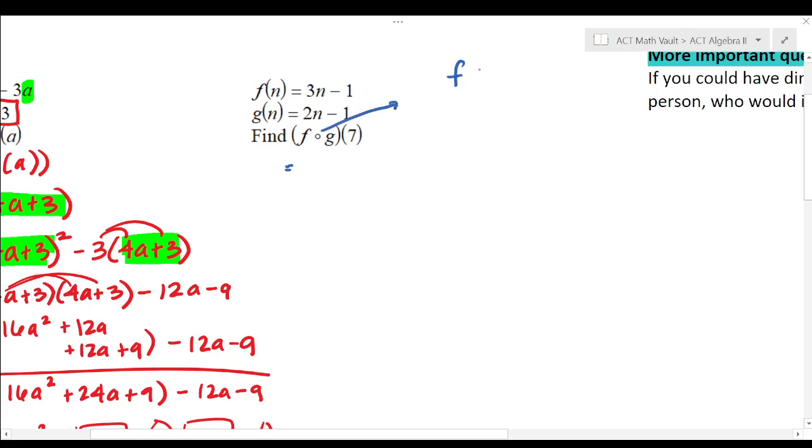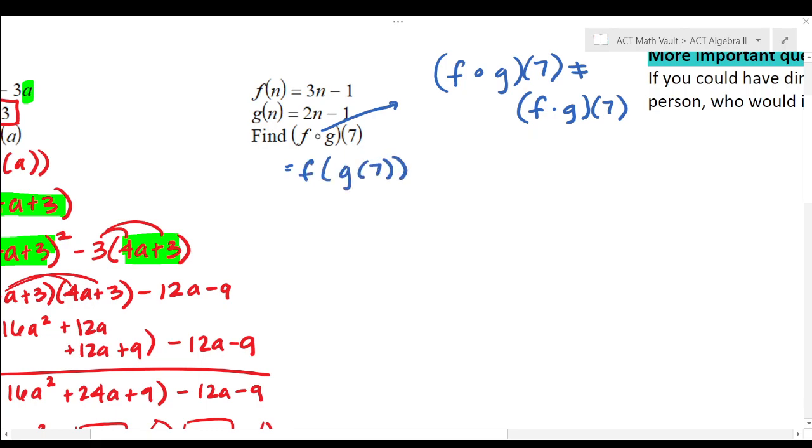I need to remember f of g of 7 is not f times g of 7. So this is not multiplying. This is composition, once again, f of g of 7. So I better figure out what g of 7 is and insert that.